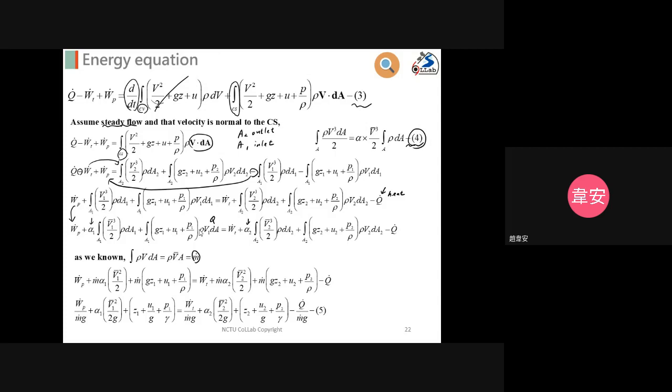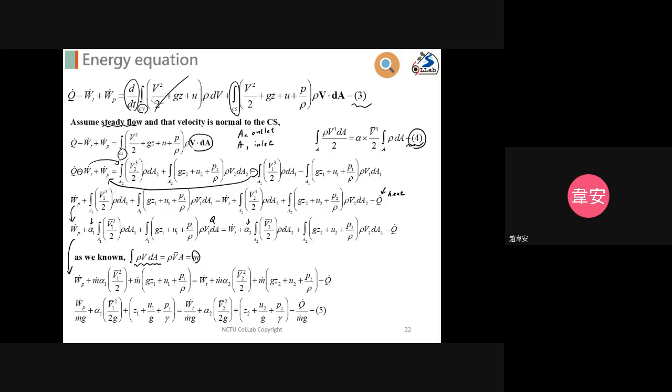So that means I will assume the flow condition is incompressible flow. Okay, so we can rewrite the equations. We don't need the integration operator because we know that this integration is equal to the mass flow rate. So we rewrite the equations here.